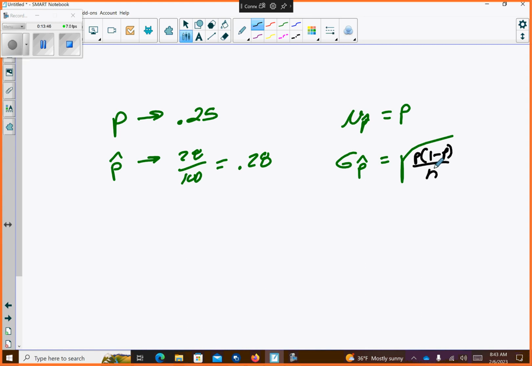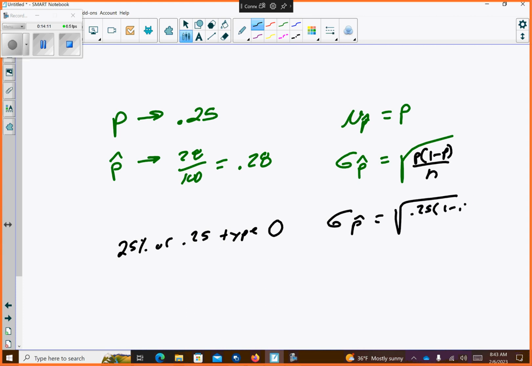In our blood type example, we know that 25%, or 0.25, is type O. If we apply that to our new equation, we go 0.25 times 1 minus 0.25, over our sample of 100.